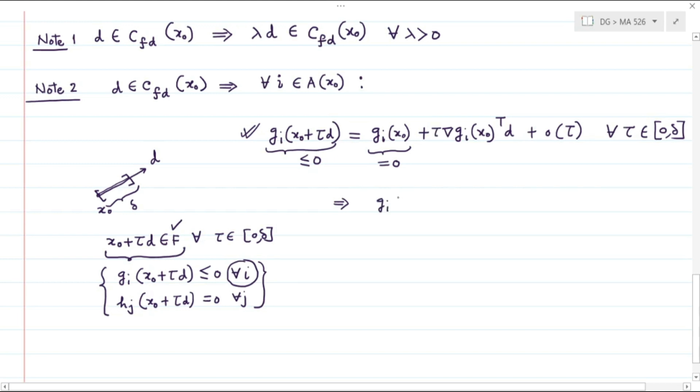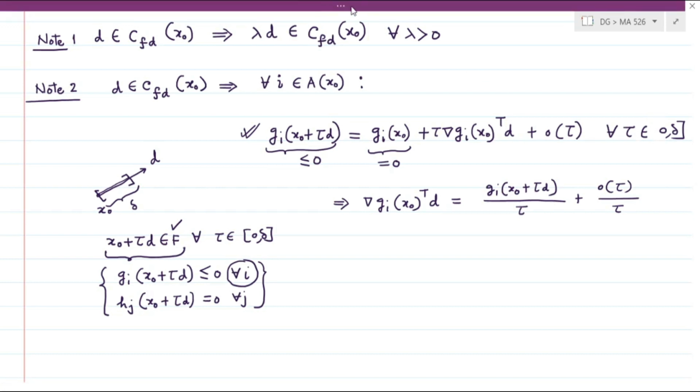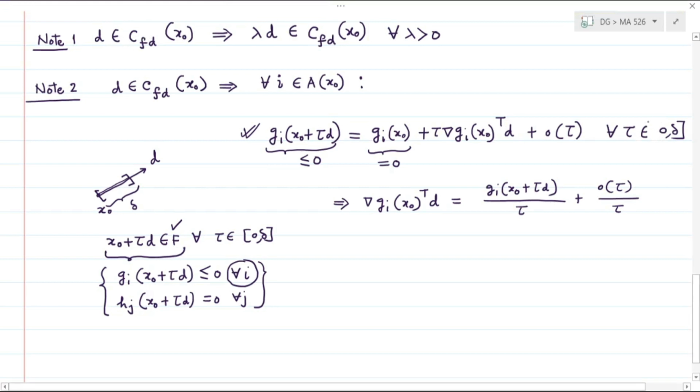If I divide on both the sides by τ, then ∇g_i(x0)ᵀd is equal to g_i(x0 + τd) divided by τ plus small o of τ divided by τ. Let me here remove the point 0 in the expansion, because 0 has no meaning in the expansion.